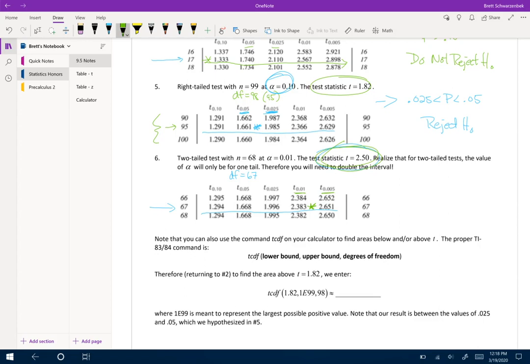It's a little bit weird, but we're basically looking for 2 times 0.005 and 2 times 0.01. So instead of just between a single 0.005 and 0.01, we need the other tail to come into play for the p-value, so it's going to be between double these. So if we do the math, we're going to get the p-value actually between 0.01 and 0.02 in this setting.